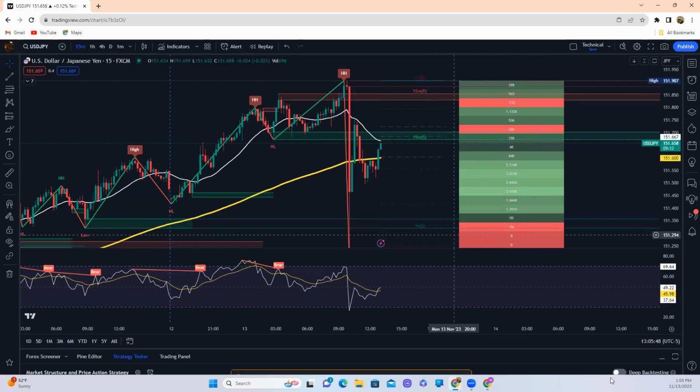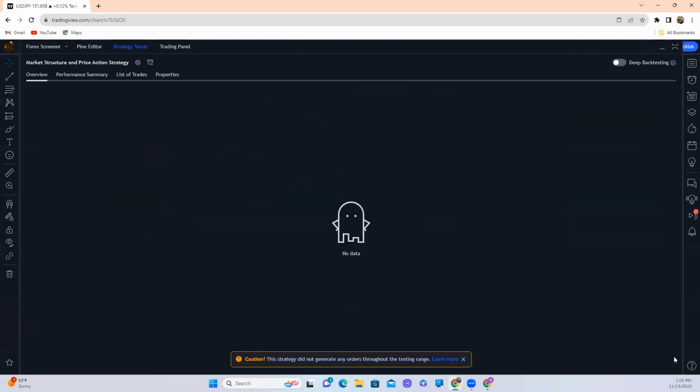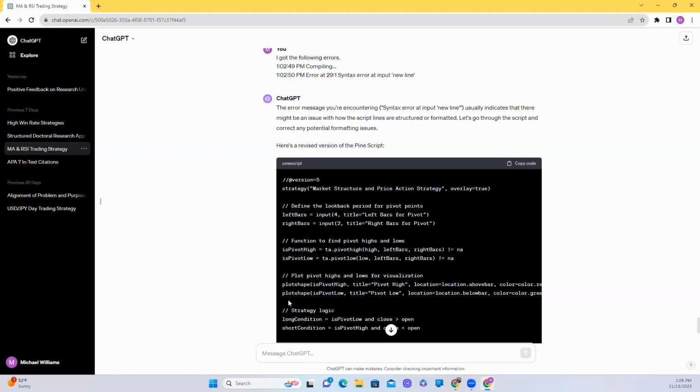Boom, look at that. All right, so let's look at the results. Oh, that's right. Okay, so for this particular one, it looks like it couldn't test it for me. For whatever reason, it couldn't test this one. But in any case, you can have it make up a strategy based off of different logic and stuff.